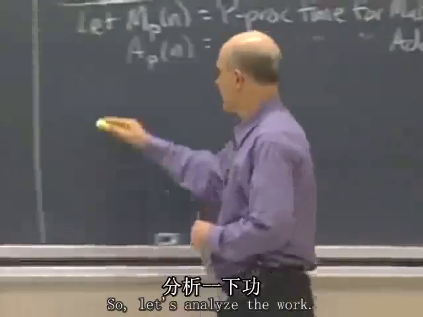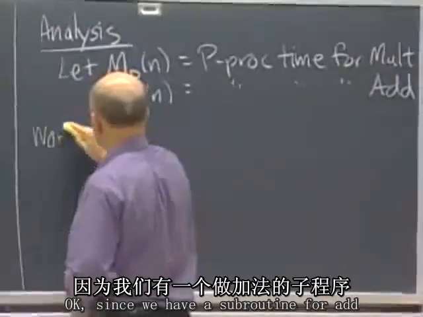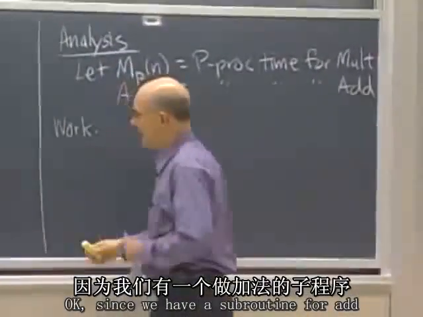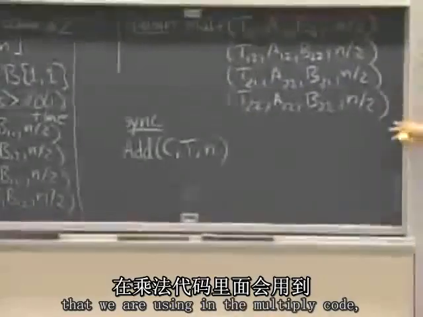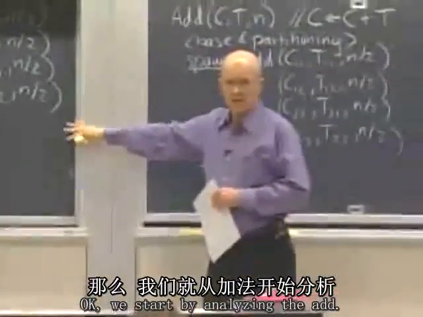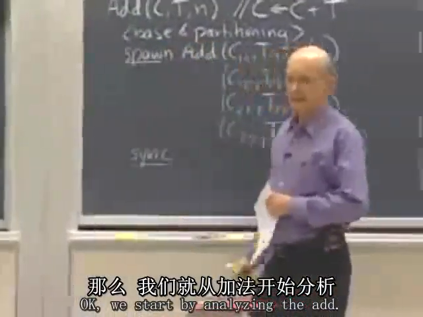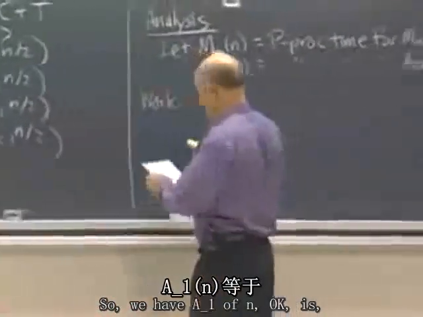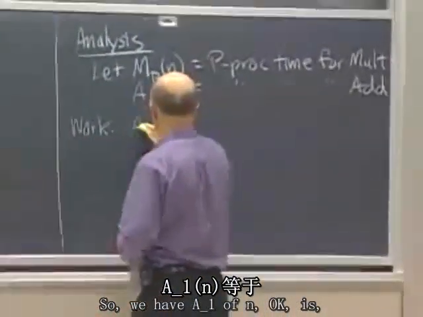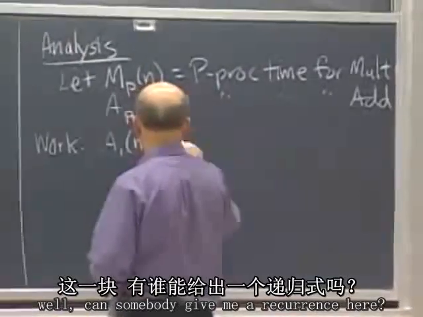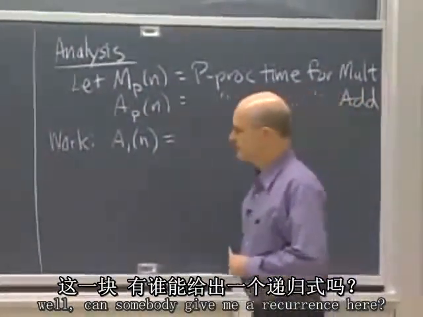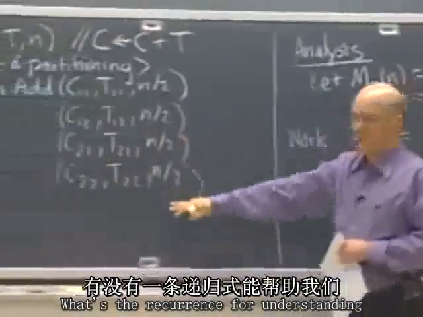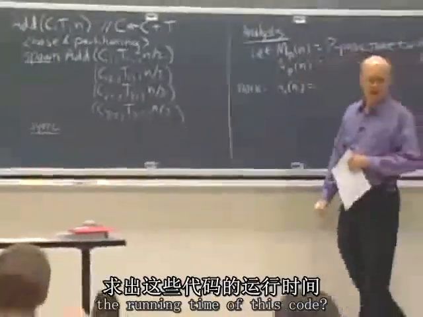So let's analyze the work. Okay, since we have a subroutine for add that we're using in the multiply code, we'll start by analyzing the add. So we have A1 of n, well, can somebody give me a recurrence here? What's the recurrence for understanding the running time of this code?